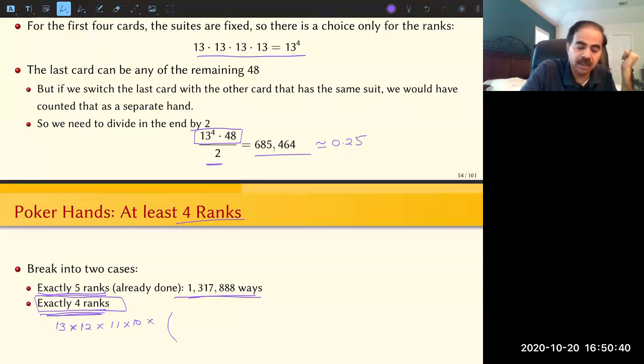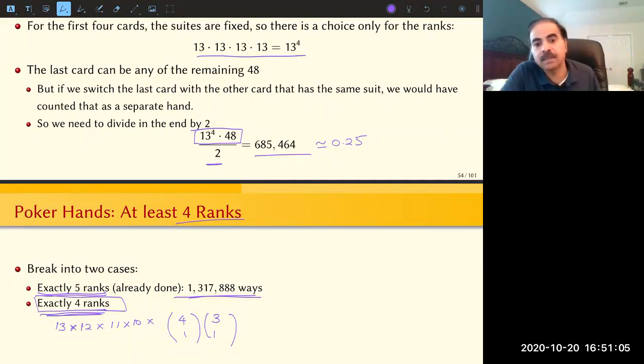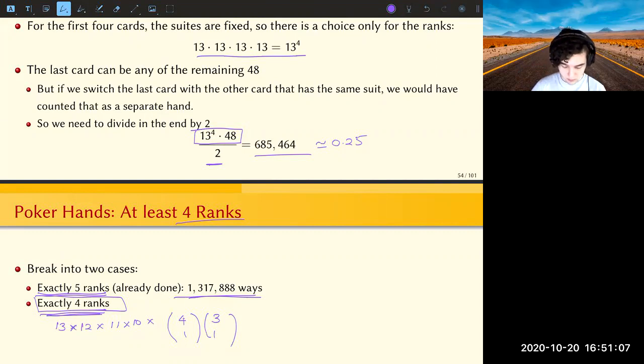So it's 4 choose 1 in terms of the rank. And what about the suit? You already have the same rank, which means that one of those suits is gone. So it's 12, right?